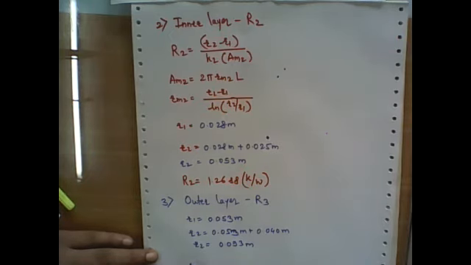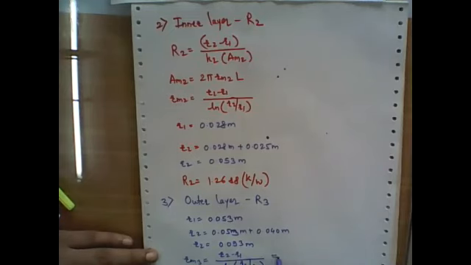Now we know the values of small r1, r2. We can calculate RM3, that is r2 minus r1 upon ln of r2 by r1.